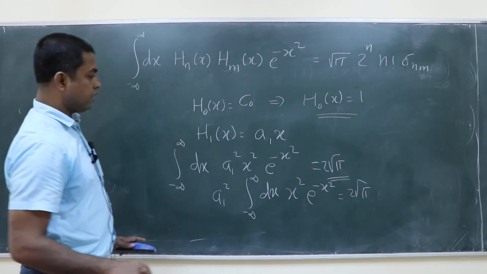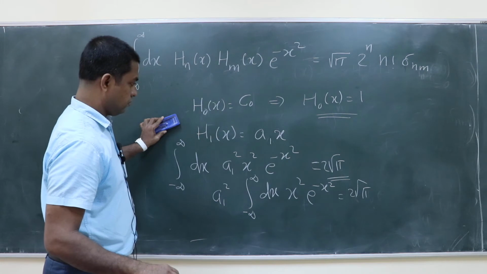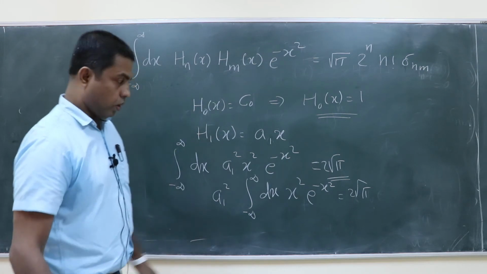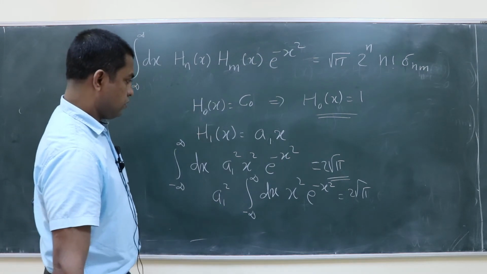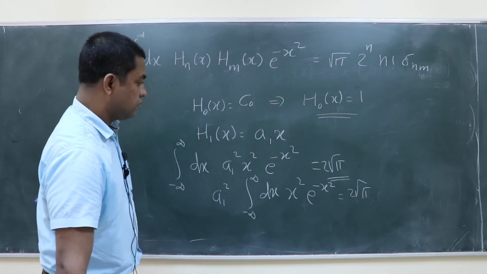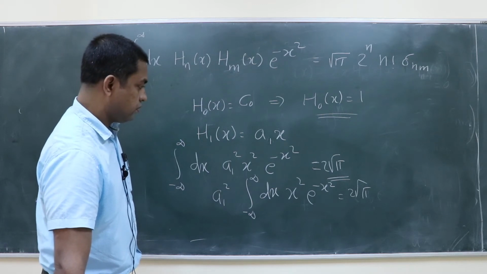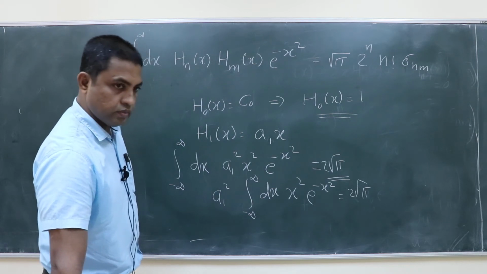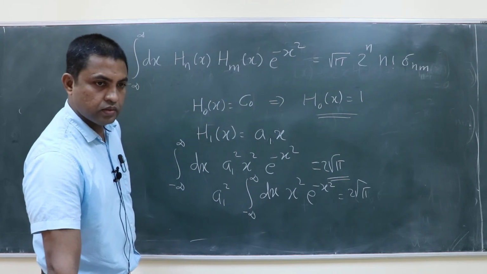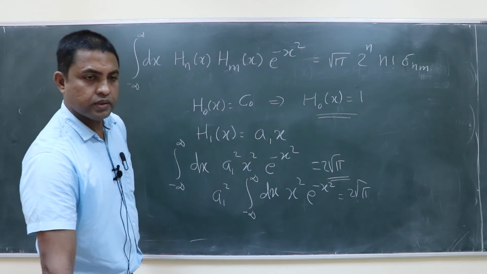How do you do that integral? Integration by parts. Okay, so what do you do first? What is u and what is v? I am not able to understand clearly. Can you repeat?